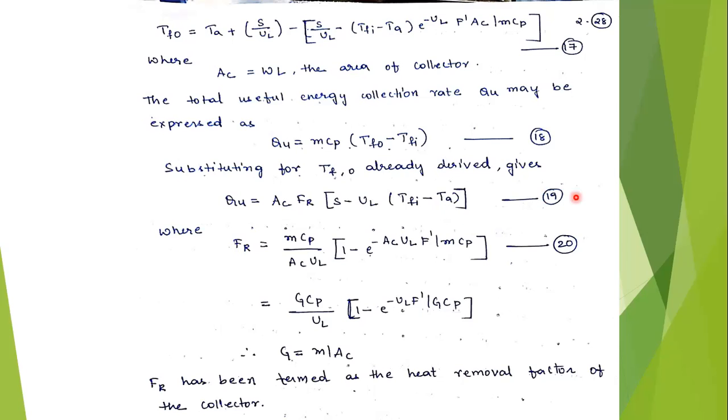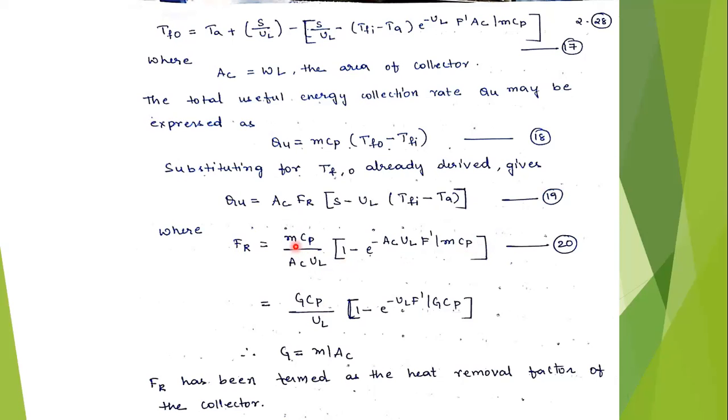This is the 19th equation, where the term Fr is called the heat removal factor of the collector, and it is defined as Fr = (m Cp / Ac UL) × (1 − e^(−Ac UL F' / m Cp)).